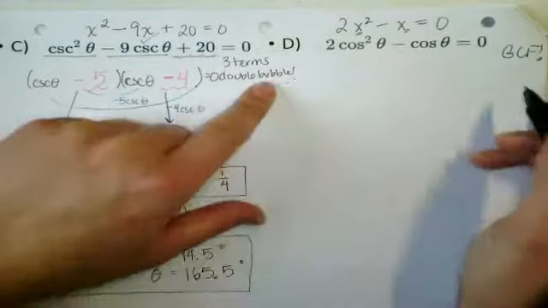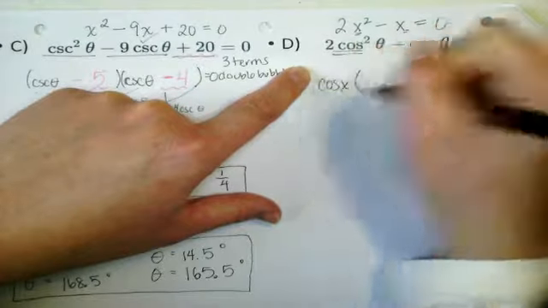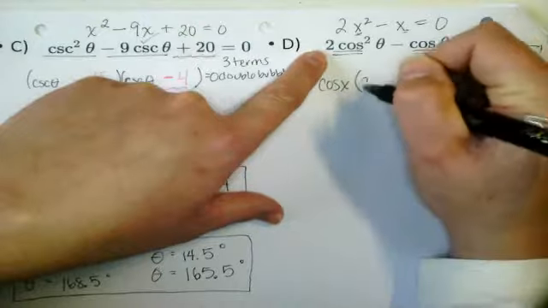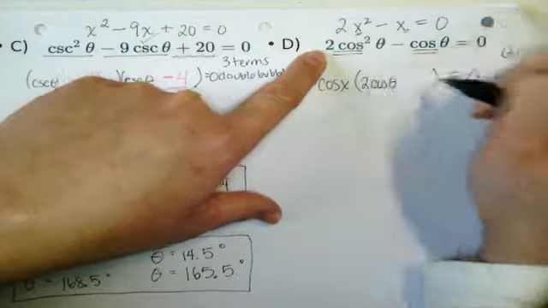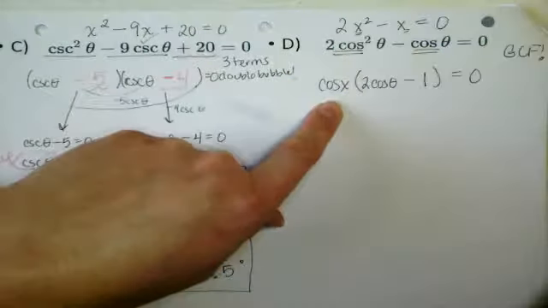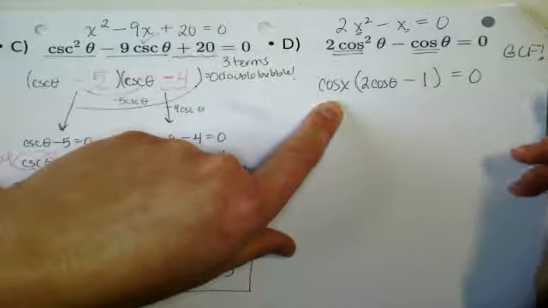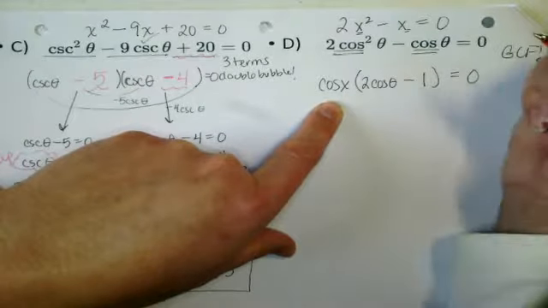So what we're going to do is take out the cosine function. So I'm going to move that cosine of x out in front, and it leaves something behind. It leaves 2 cosine of theta minus 1. How do we know we did it right? When we do a greatest common factor, all we're doing is undistributing.